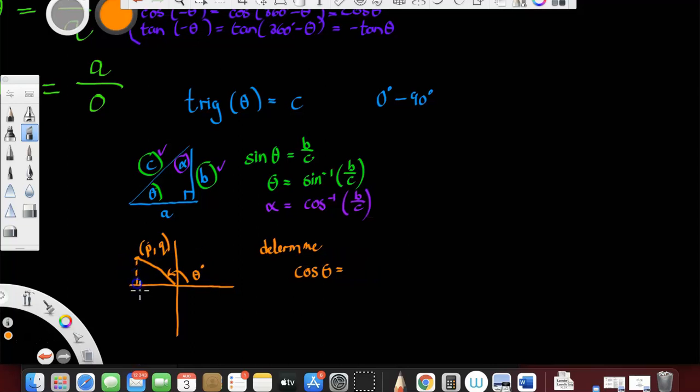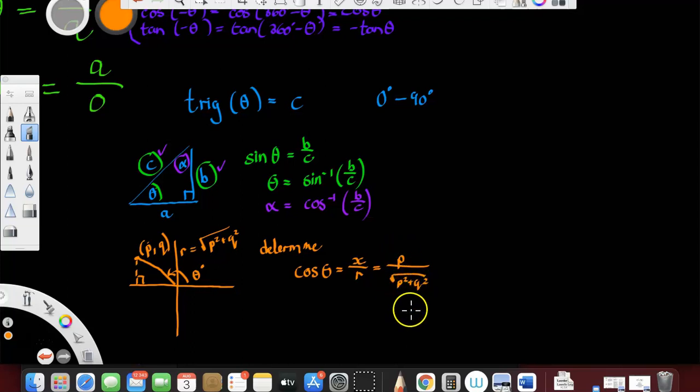I first need to work out the hypotenuse, which is the square root, using Pythagoras, of p squared plus q squared. Then I can work out cos of this angle, because cos is adjacent, which is x, over r, which in this case is p over the square root of p squared plus q squared.